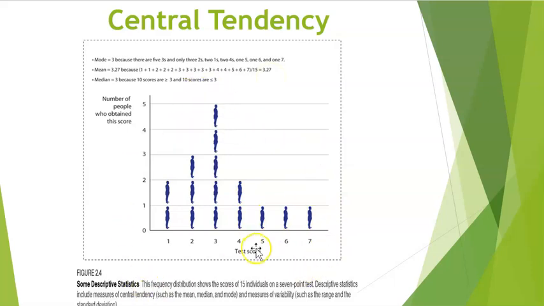The average score is 3.27, so a little bit more than 3. Again, this is an average, so it's not going to be an exact number most of the time.